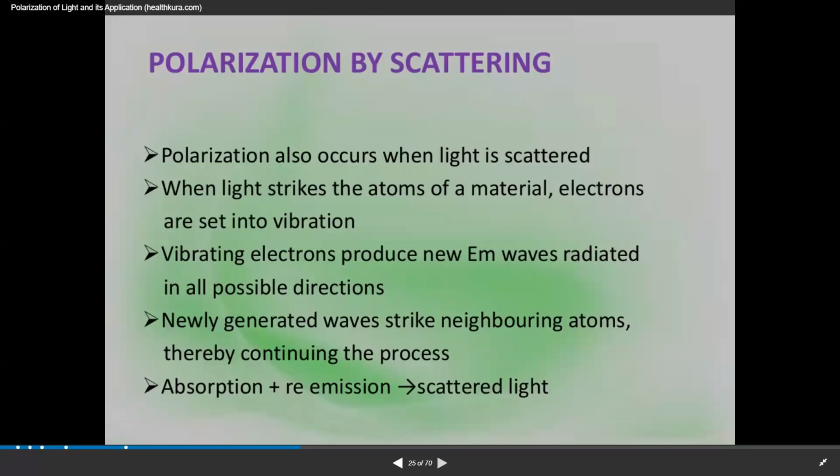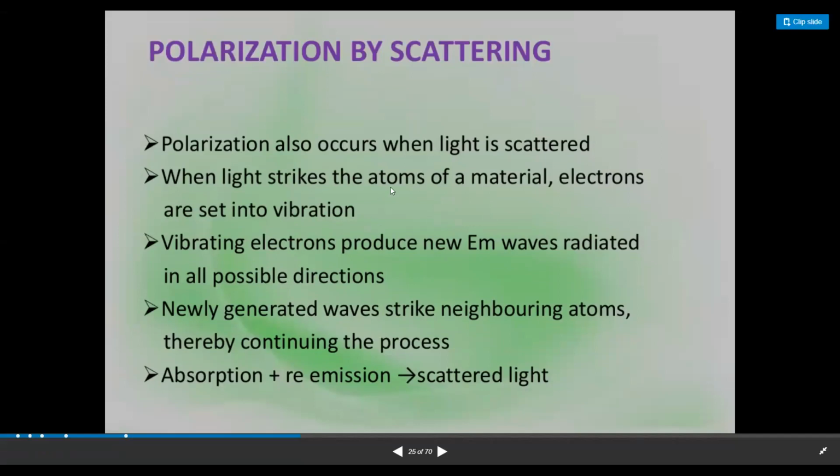Polarization by scattering. Here, the light is scattered due to the atoms of the material. The electrons inside the atom are continuously in vibration motion.